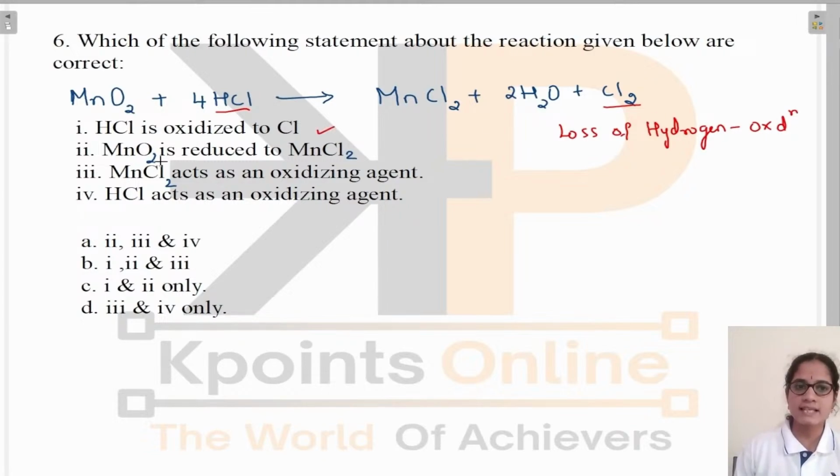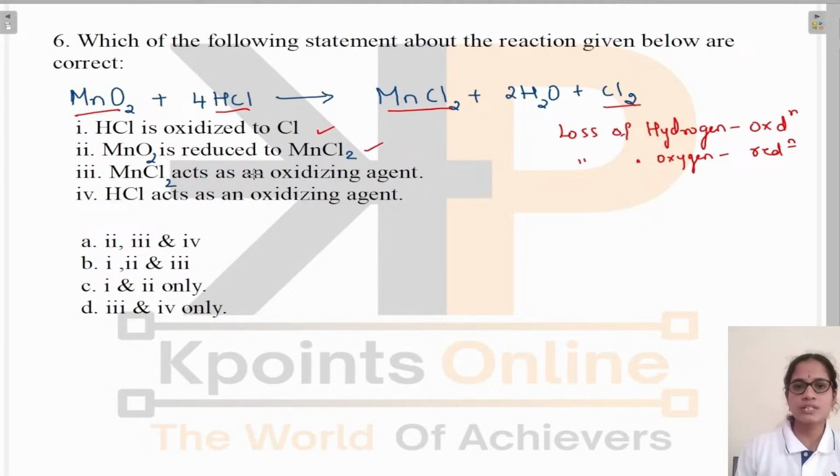Manganese dioxide, that is MnO2, is reduced to MnCl2. Here there is loss of oxygen. Loss of oxygen is reduction. Yes, we know that. So MnO2 is reduced to MnCl2, so this is correct. Then MnCl2 acts as an oxidizing agent.